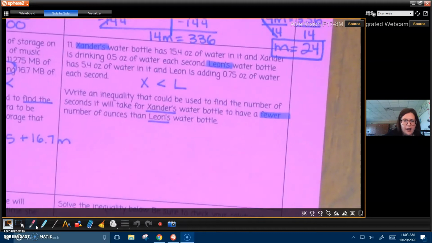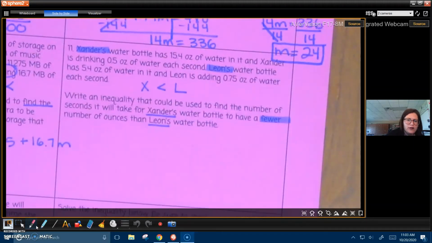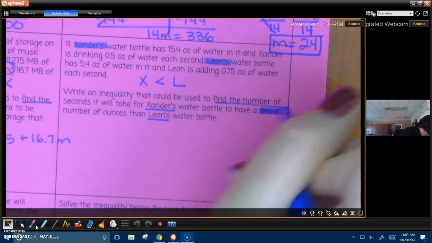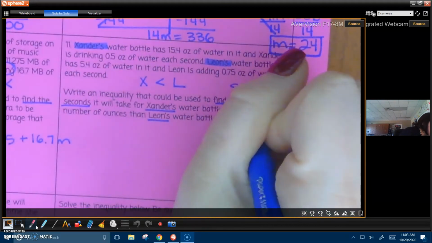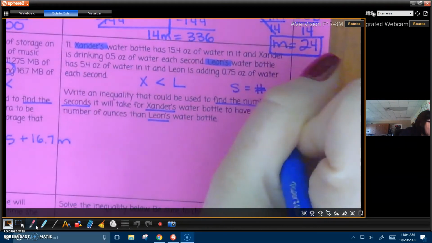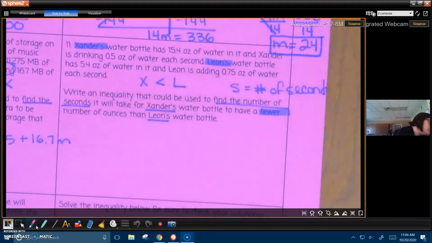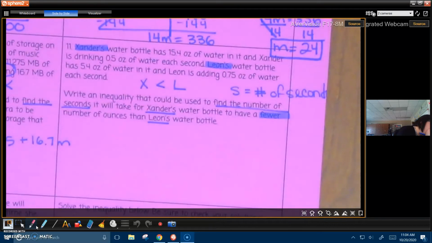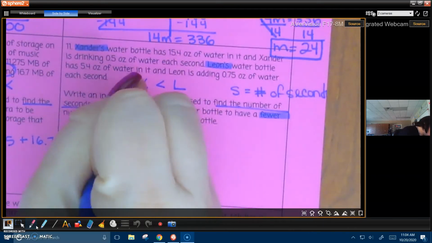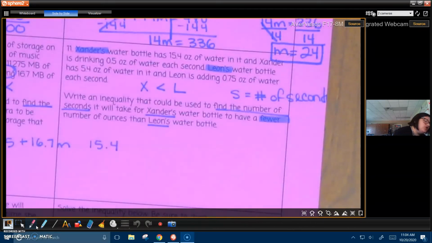All right. And it says that this inequality is going to be used to find the number of seconds. So I'm going to go ahead and use S for my variable, and that's going to represent number of seconds. So we have Xander, who starts out with 15 and 4/10. And if he's drinking, then that means his water is going to go down, right?